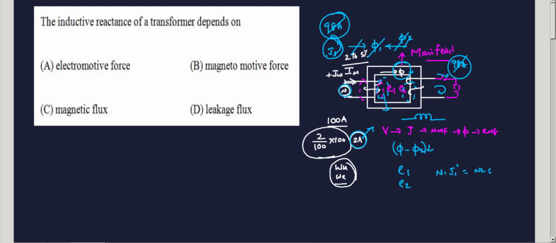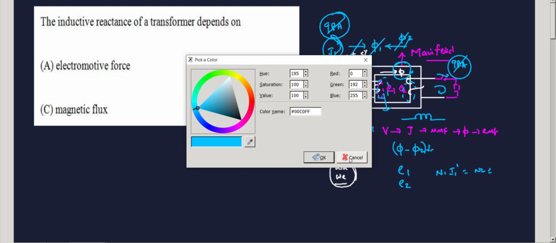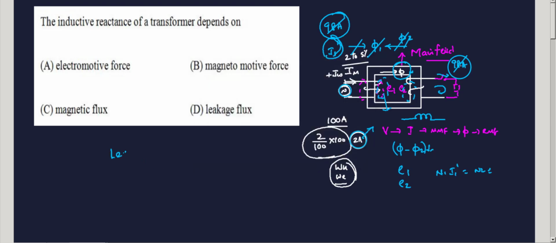So the inductive reactance represented in transformer operation is due to the leakage flux. Option D is the answer.